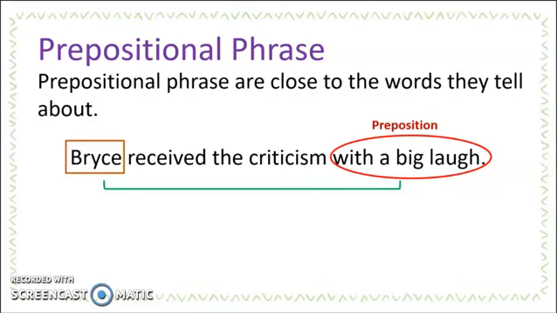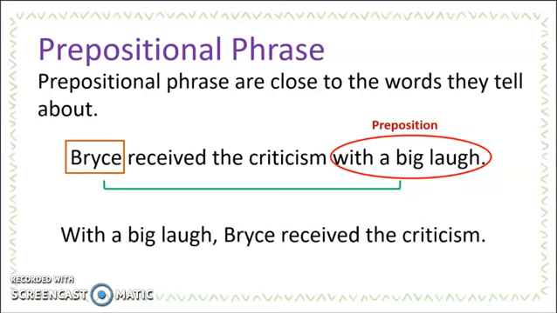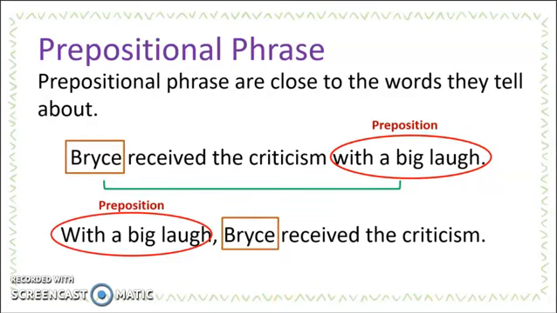Let's try following the rule and convert the sentence. With a big laugh, Bryce received the criticism. Now we can say that the prepositional phrase with a big laugh definitely talks about Bryce, since it is now closer to the word it talks about. Okay?